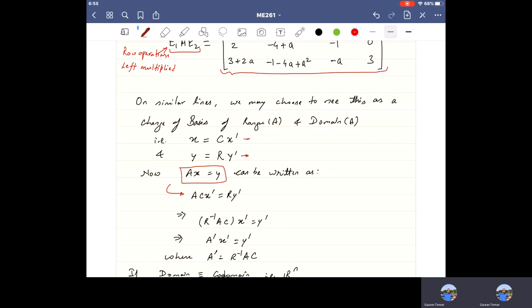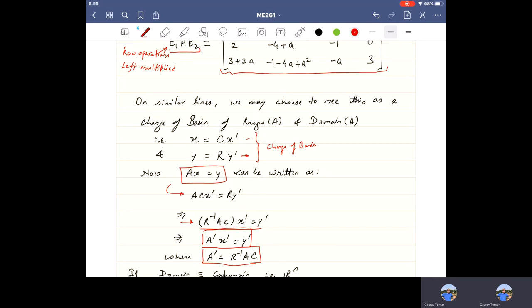It's like a change of basis, so it has to be an invertible matrix. You get R inverse AC, and now you get the modified system A prime x prime equal to y prime, where A prime is given by R inverse AC.